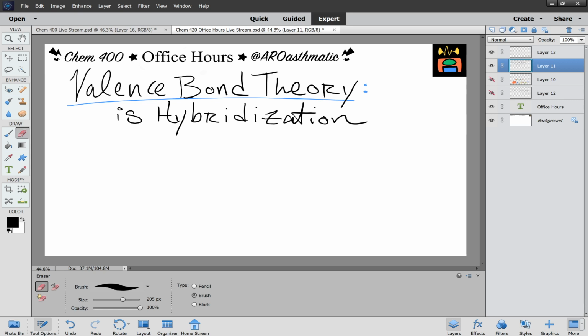And if you can identify sp2 hybridization, sp3 hybridization, sp hybridization, then you've got all the valence bond theory you need to do sophomore organic chemistry. So yeah, that is that. And it's not too shabby.